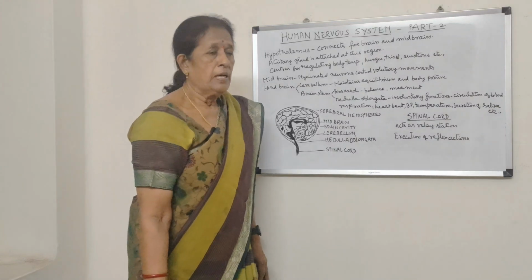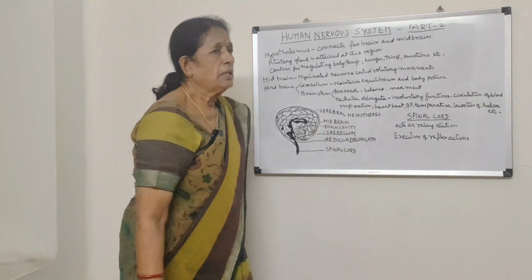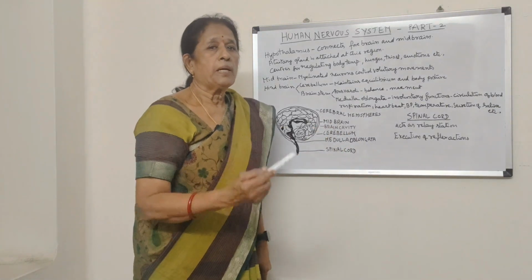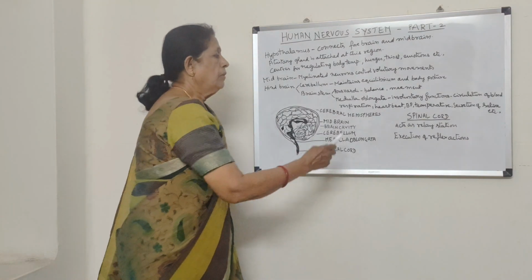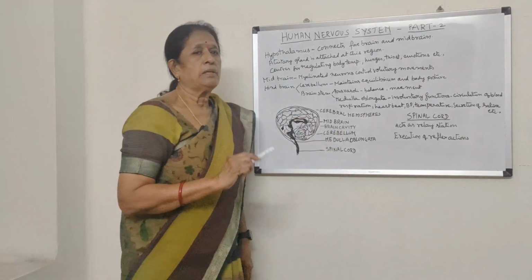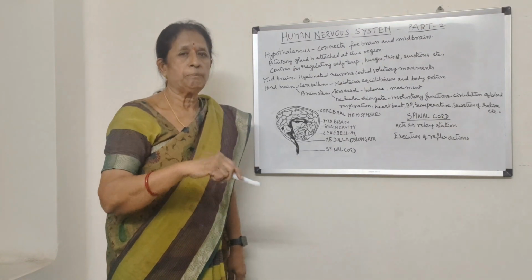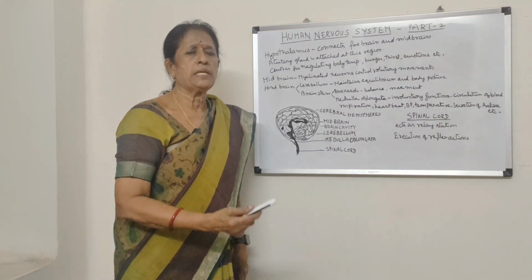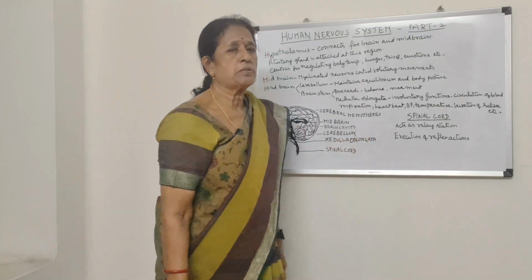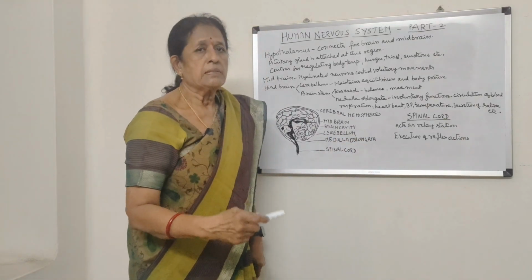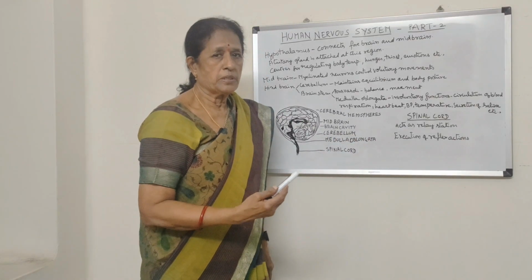reflex actions. So we have seen that in the brain, gray matter is outside and white matter is inside. But in the medulla oblongata, the reverse takes place. That means white matter is outside and gray matter is inside. In the same way, in the spinal cord also, gray matter is inside and white matter is outside.